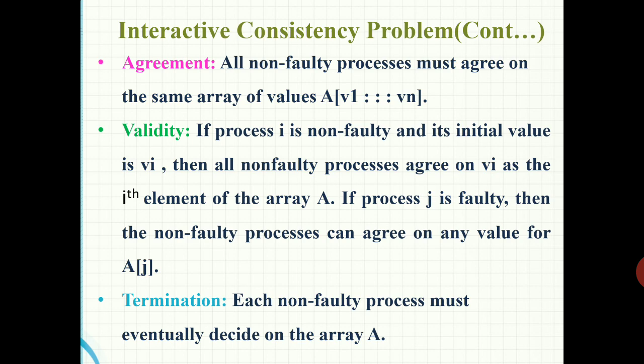agreement protocols. In the Byzantine and consensus problems, agreement is on a single value. In the interactive consistency problem, agreement is on a set of common values, the array of values. In the Byzantine agreement problem, only one processor initializes the value, whereas in the consensus and interactive consistency problems, every processor has its own initial value.